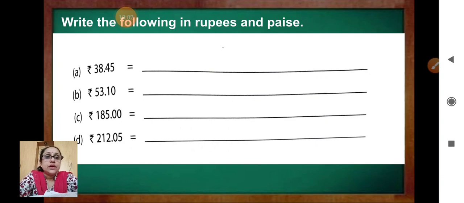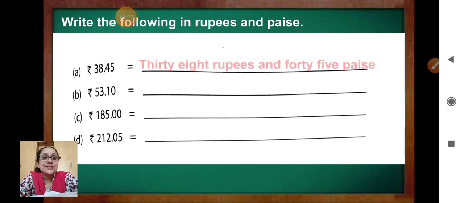Now write the following in rupees and paise. Question A, how you will write? It is written in short, no? Rupees 38, then dot 45. Okay. So 38 rupees and 45 paise.